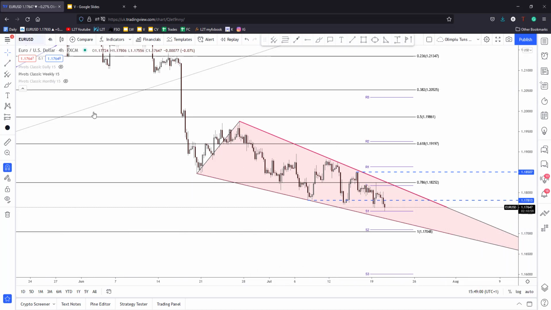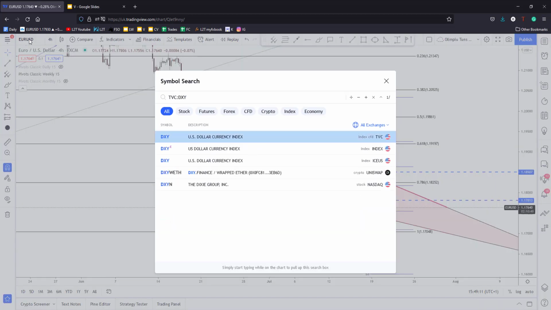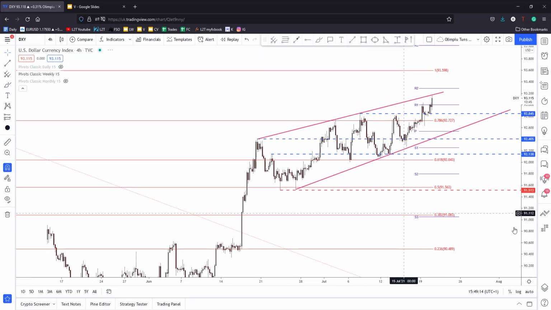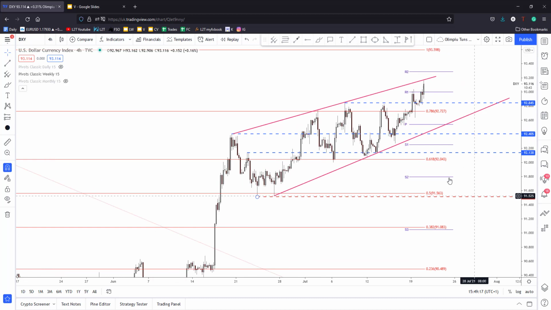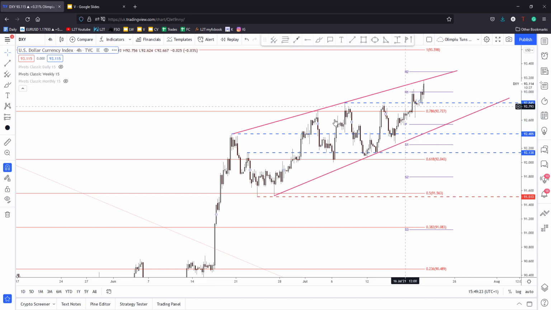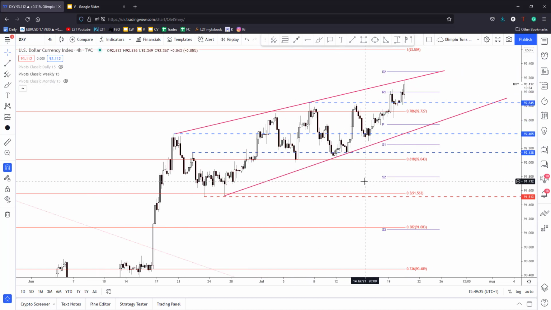Yeah, so one moment because I want to close here. Okay, so let's take a look again at the DXY. The DXY has reached, or it was almost to hit, yeah, it has reached this upside line of this pattern.